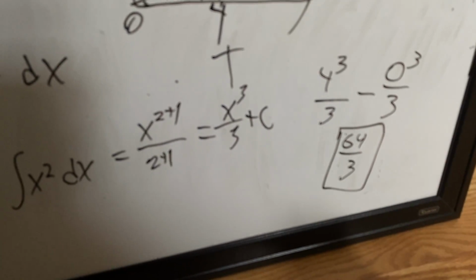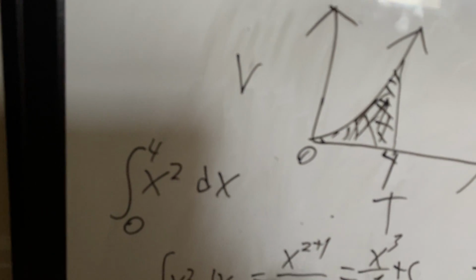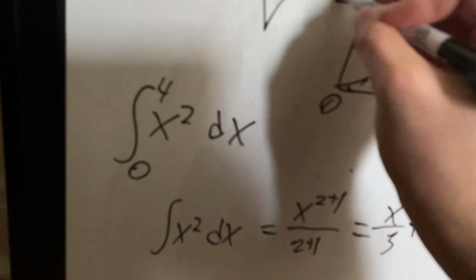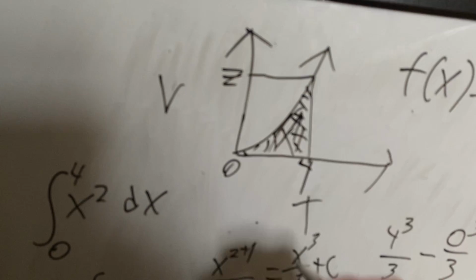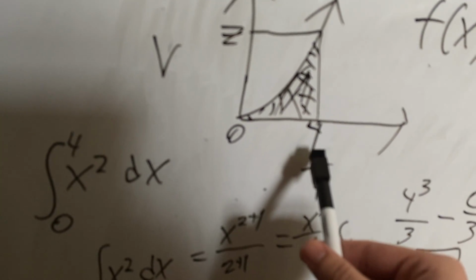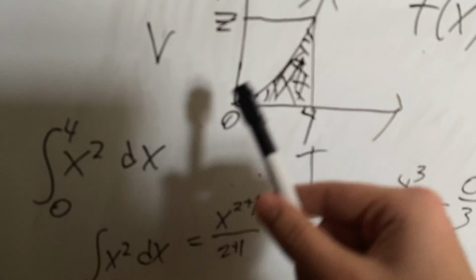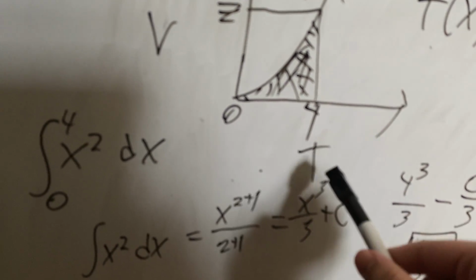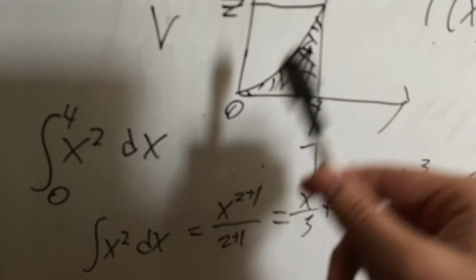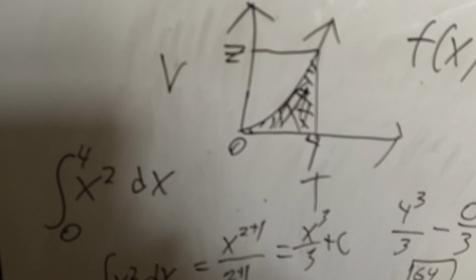What we're really saying here is that to get the total amount of velocity, let's say z, to get to z in 4 seconds, it takes us 64 over 3 units of displacement with respect to t equals 4 seconds. Hopefully that makes sense. And that yields z, whatever that might be, which is our velocity.